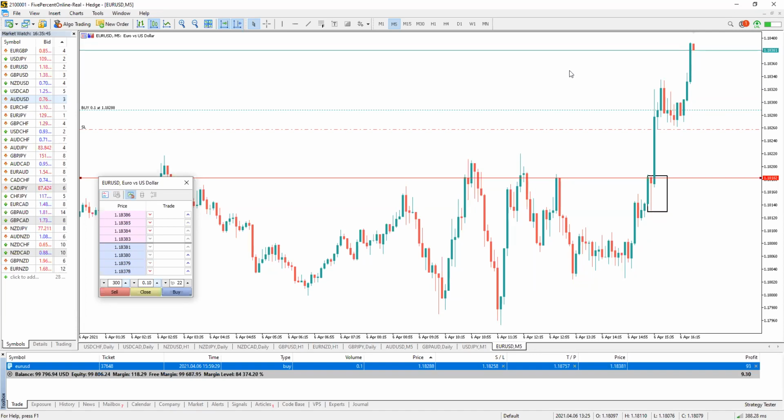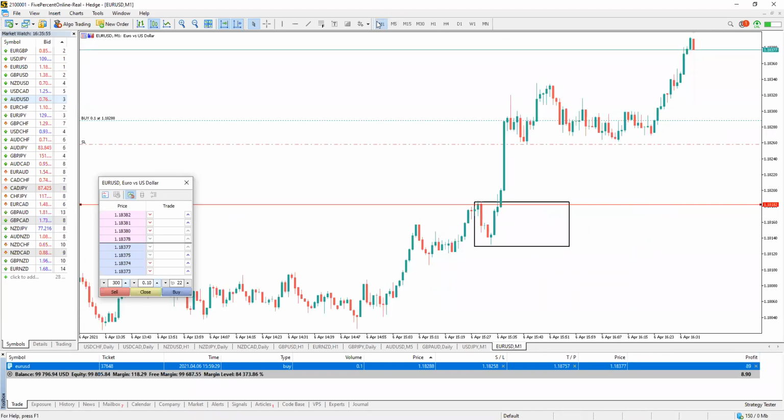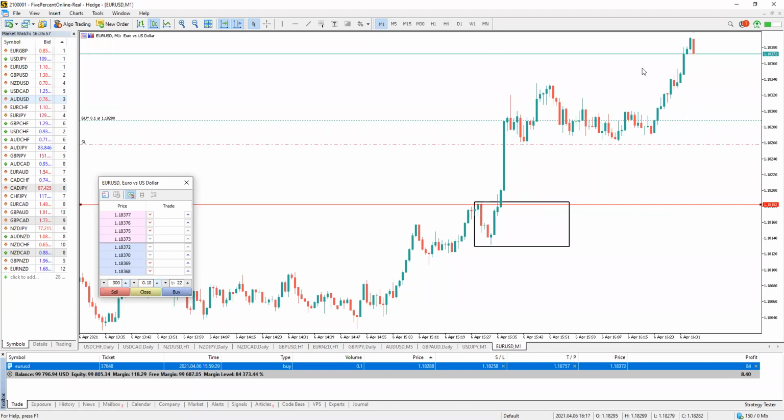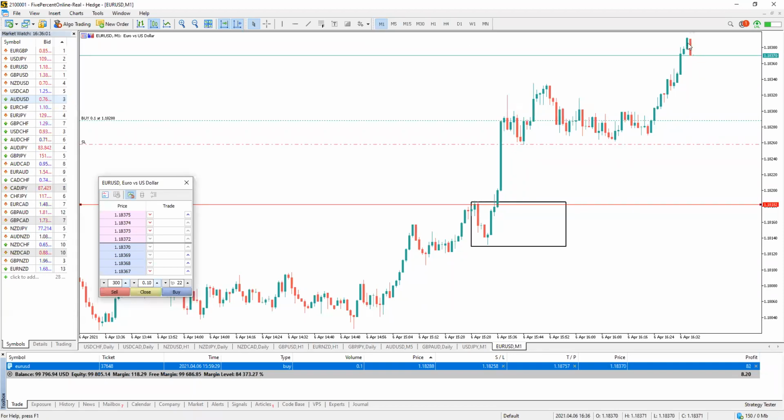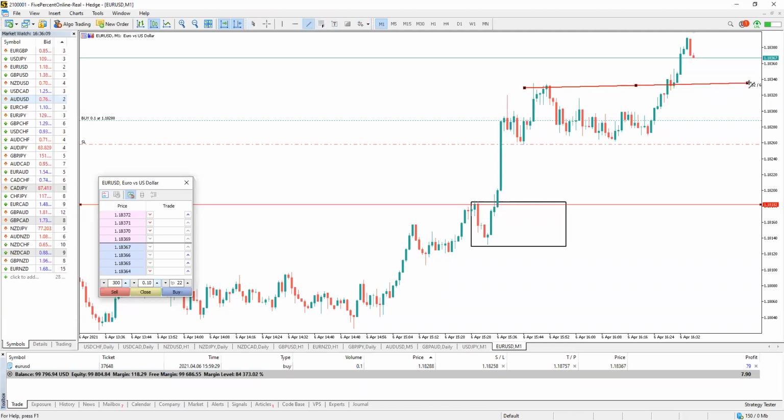So if I want to keep managing this trade, I can take profits. I can do nothing. This might pull back. It's natural for the market, if it's going to continue up, to do some retracements.